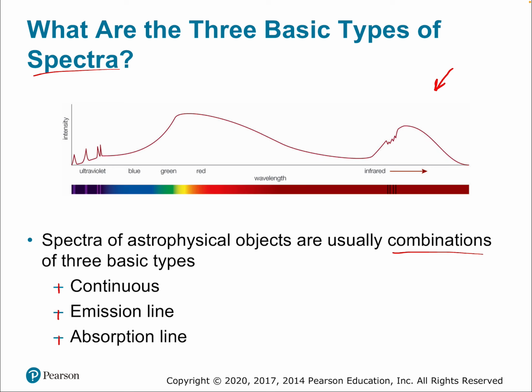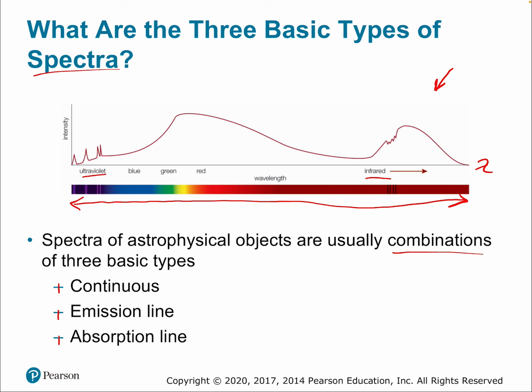And down at the bottom, we can see that this graph on the horizontal axis is showing us wavelength, okay, from the shortest wavelength with ultraviolet up to the longest wavelength with infrared. Visible light would be sandwiched between those two, ultraviolet and infrared. This isn't showing anything beyond ultraviolet and infrared, so no microwaves, no X-rays, okay? So it's visible light plus a little bit on either side, okay?